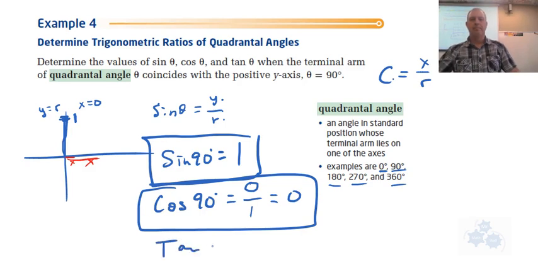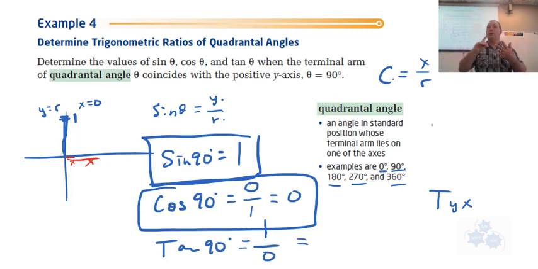Tan of 90, well, tan is y over x. So it's y over, and x is 0. This is a problem. Let's say it's 1 over 0. What's 1 divided by 0? Is it 1? Is it 0 or something else? It's something else.